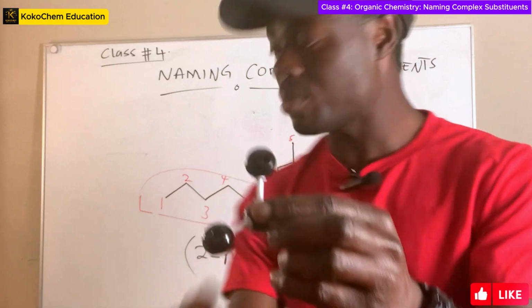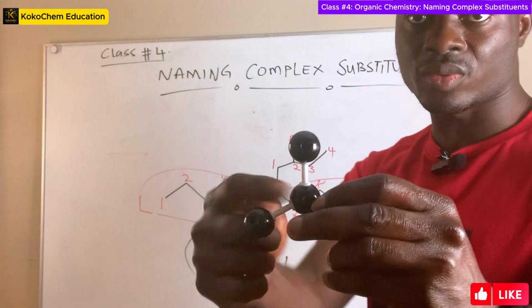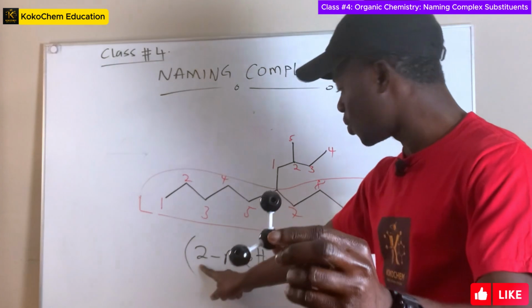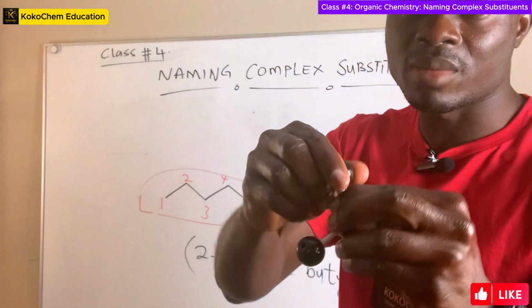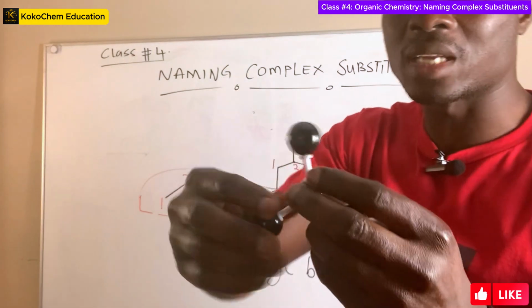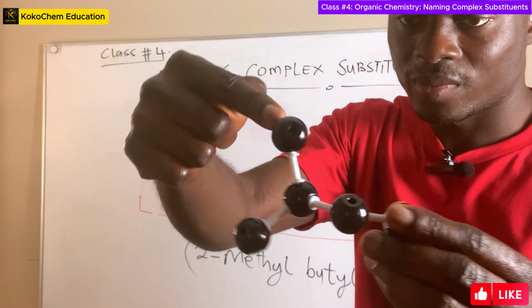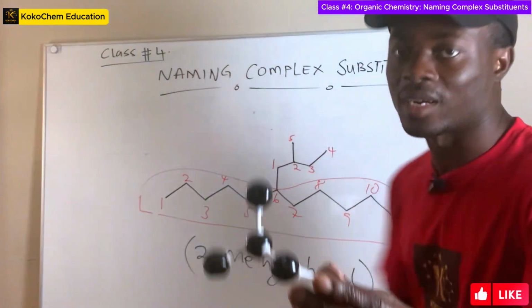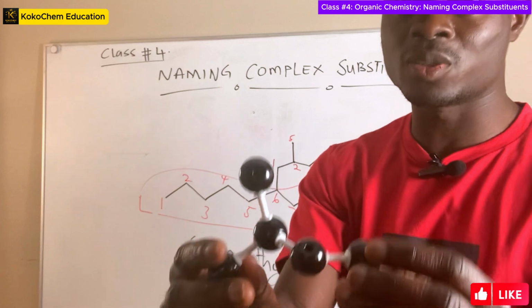So you write 2. That is where the 2 comes from, because of this carbon. Then the methyl: where does the methyl come from? This is the methyl, no? It is 1 carbon, so 1 carbon on position number 2. So 2-methyl, and then what? Butyl. Where does the butyl come from? 1, 2, 3, 4 carbons will be but.